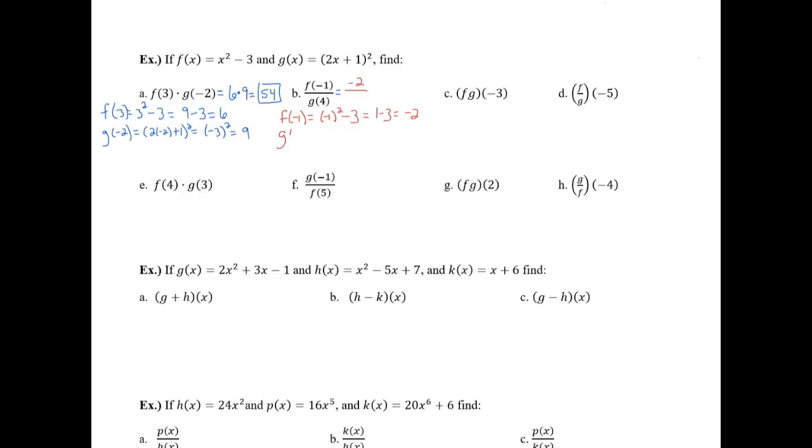Then we need g of 4. 2 times that 4 plus 1, and then square it. 2 times 4 is 8, plus 1 is 9, and 9 times 9 is 81.